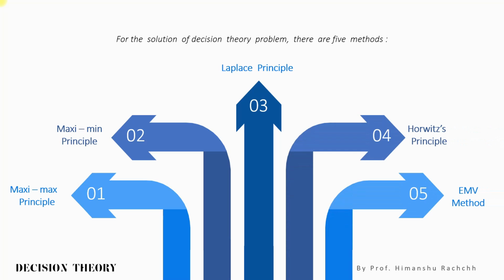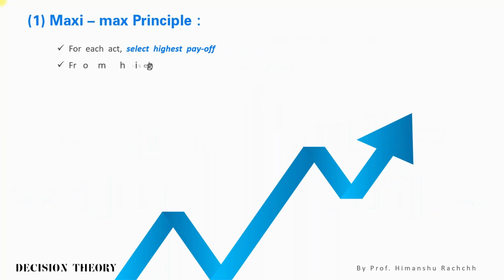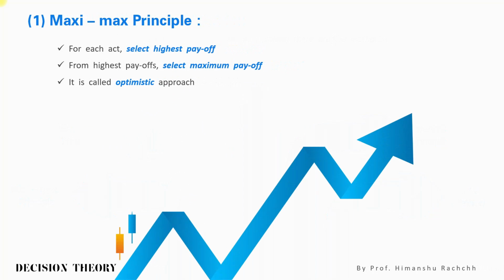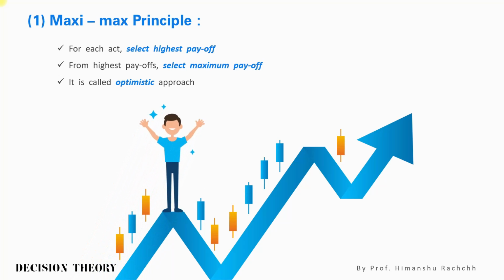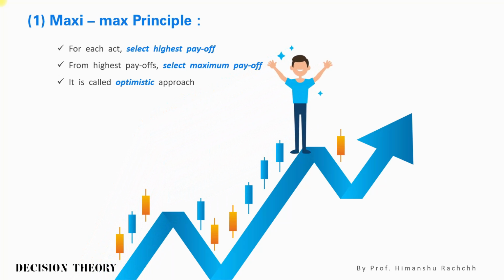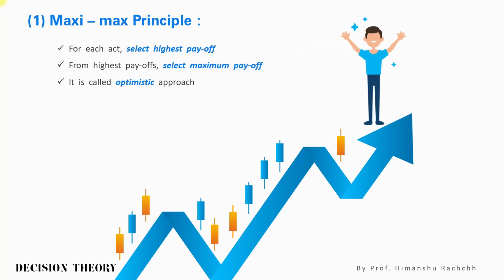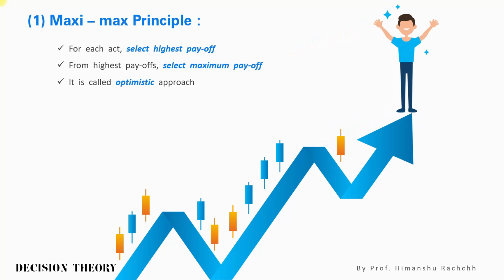Let us start with the first method, Maximax principle. In Maximax principle, for each act we select the highest payoff. Now, from the highest payoffs, we select the maximum payoff. An act having the maximum payoff from the highest payoffs is considered the best act.